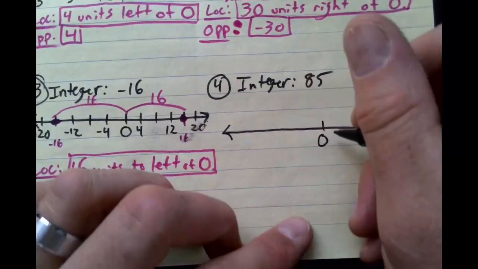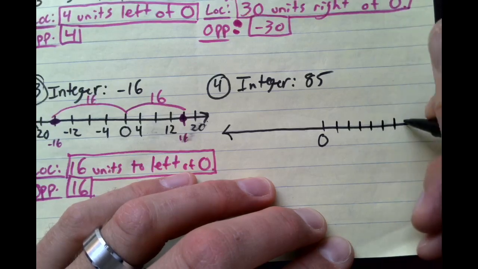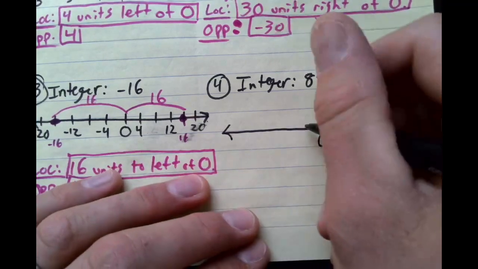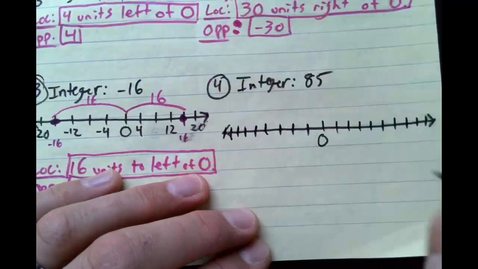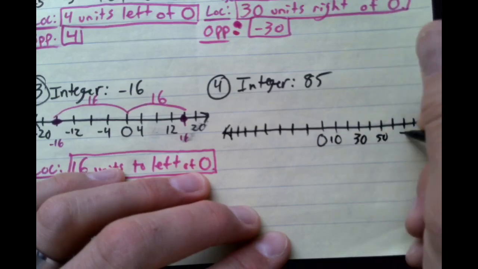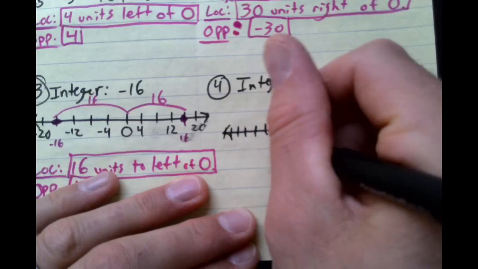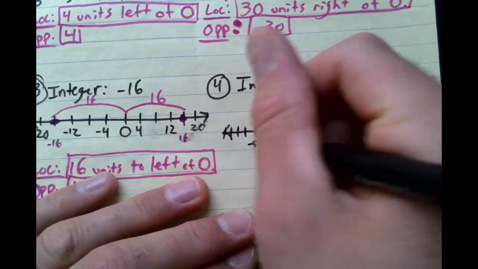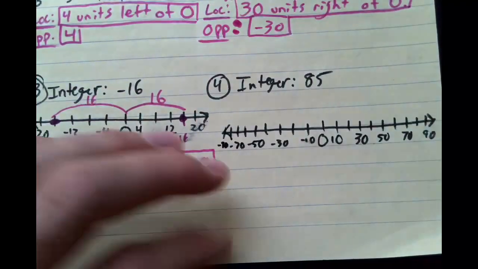Easy numbers to count by are 10s: 10, 20, 30, 40, 50, 60, 70, 80, 90. And negative 10, negative 20, negative 30, and so on down to negative 90. We'll squeeze that in there.